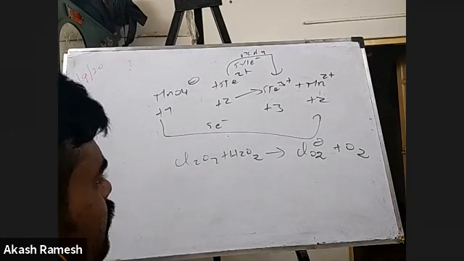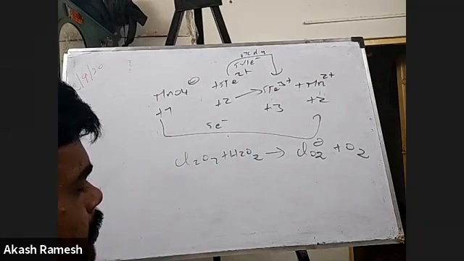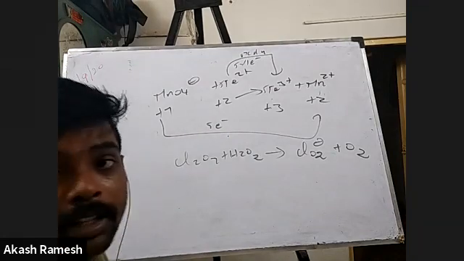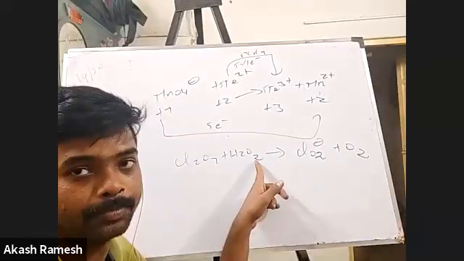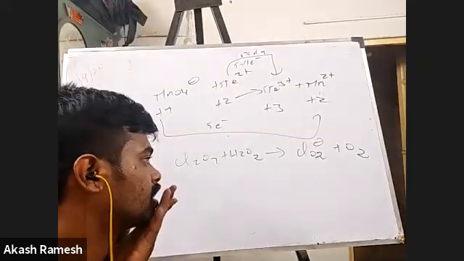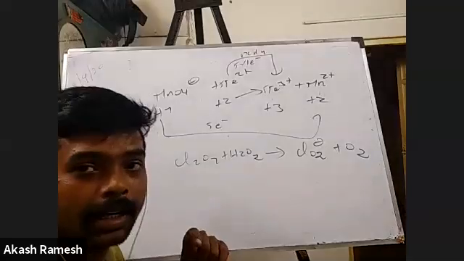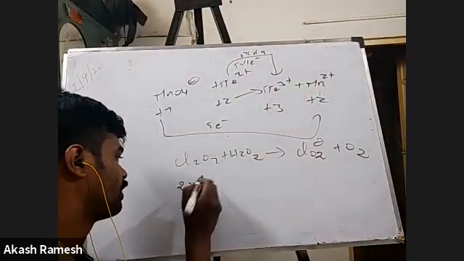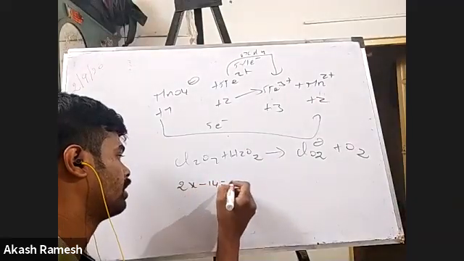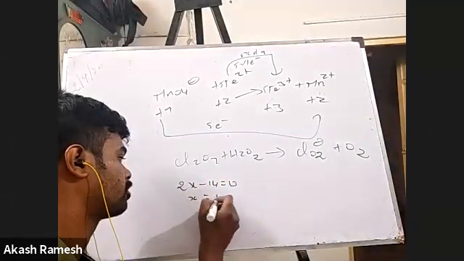This question is wrong. I think they misplaced something here, so I think it should be H2O. If it's H2O2, I don't think this can be. Why am I telling you it's wrong? For Cl2O7, if I calculate 2x minus 14 is 0, so x is plus 7.